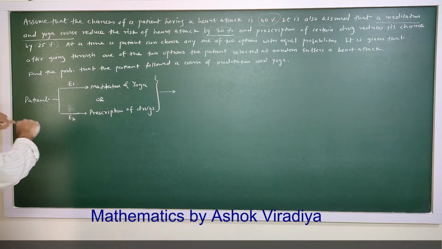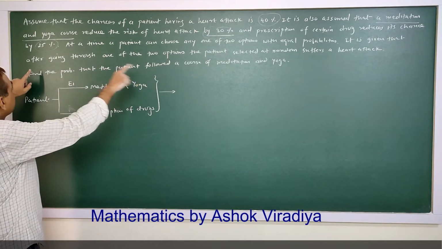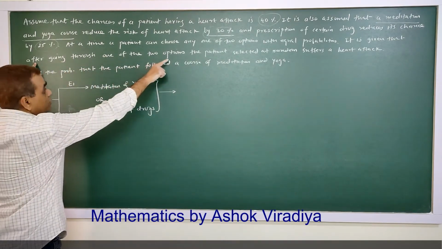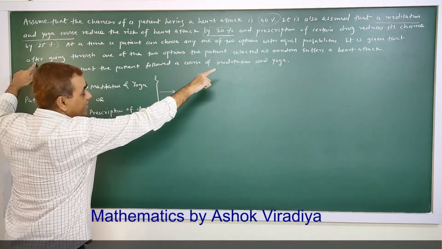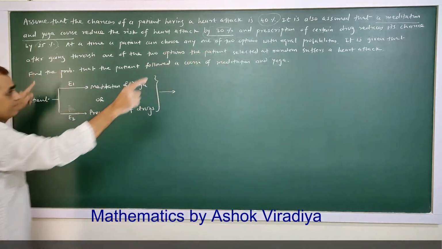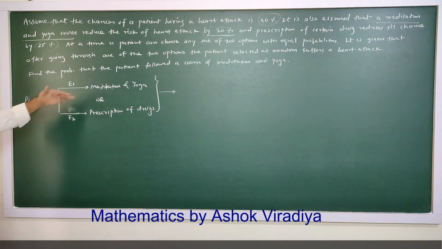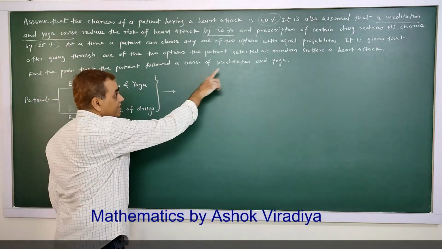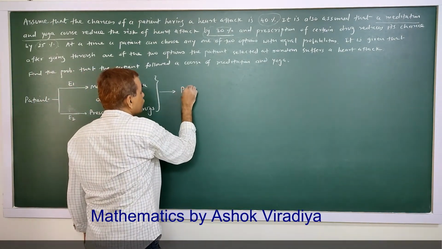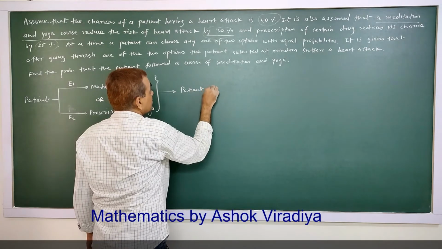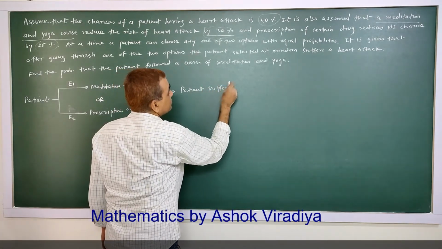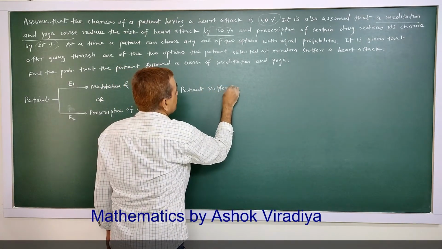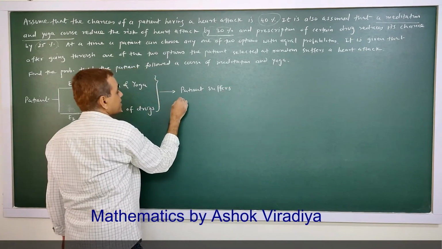So here in question we are given that after going through one of the two options, the patient selected at random suffers a heart attack. It is given. So we take patient suffers heart attack.